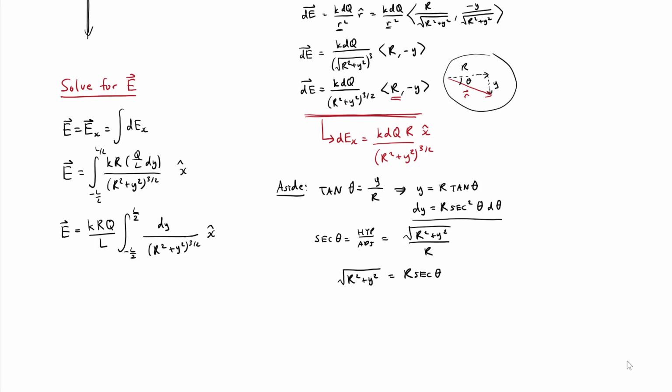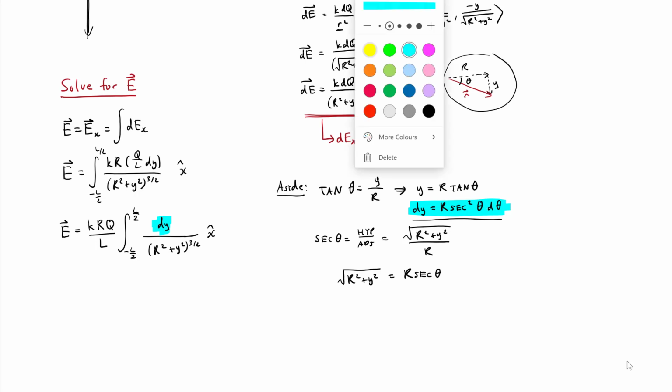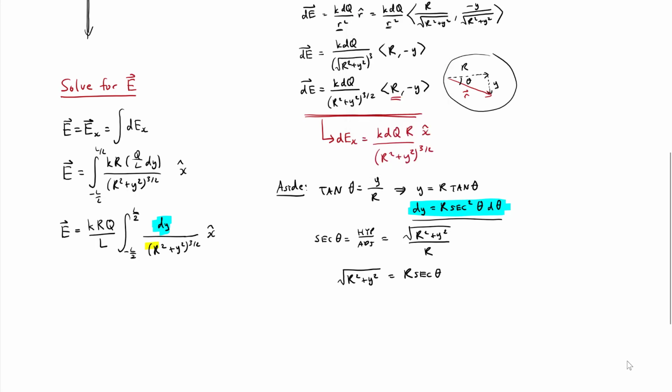So my goal now is that I've replaced this dy with this expression, r secant squared theta d theta. I now have to find a way to replace this. In order to replace that in terms of theta, we have a perfect setup here with r secant theta.